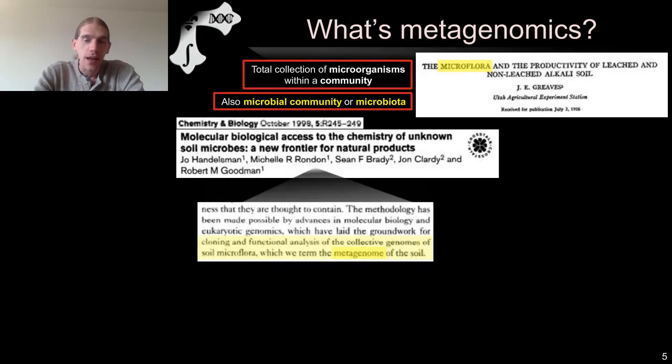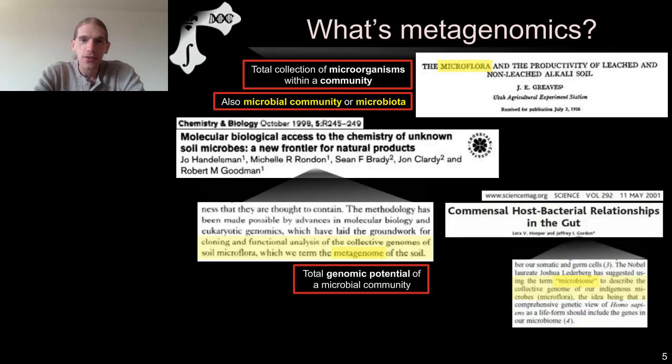Fast forward about 75 years from there to the point at which high-throughput sequencing was beginning to take off, and the term metagenome was coined to refer specifically to the collection of DNA or the genomic potential of a microbial community. A few years later, the term microbiome finally showed up as well to refer to a community's total molecular repertoire or its local ecology.